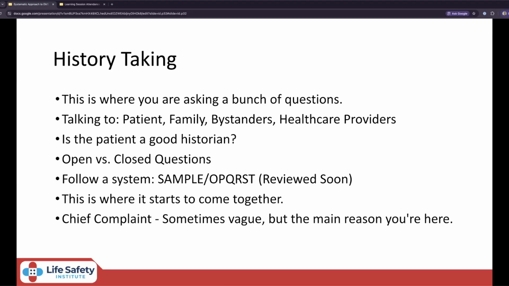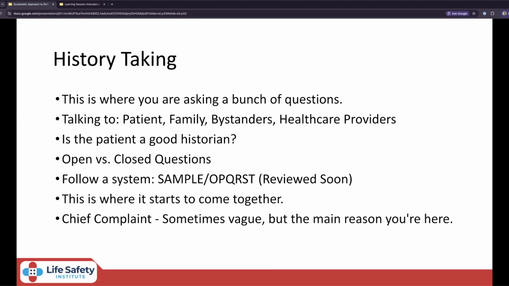So if you get a call for a person not feeling well and they are complaining of shakes, chills, fever, nausea, vomiting, and dizziness, right? You have to kind of pick one of those things to call the chief complaint. Sometimes the chief complaint is a symptom. Sometimes the chief complaint is an event, right? So the chief complaint may be a fall.